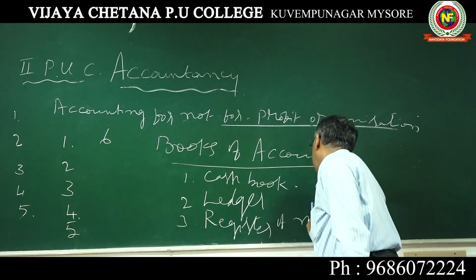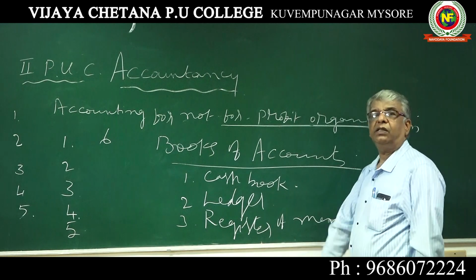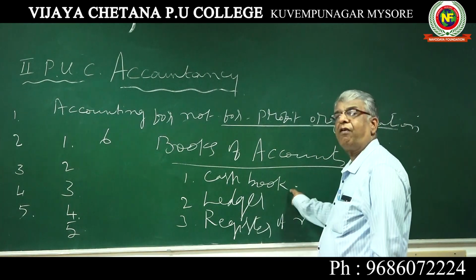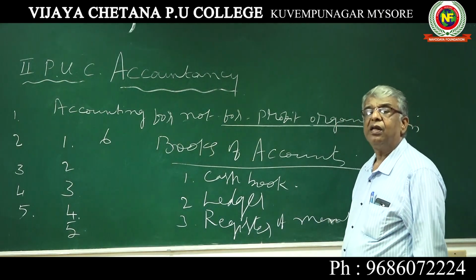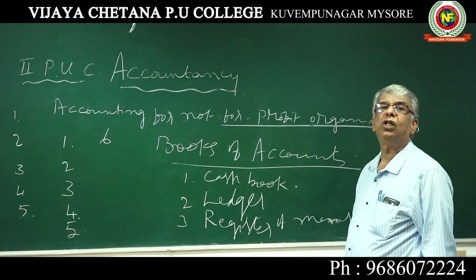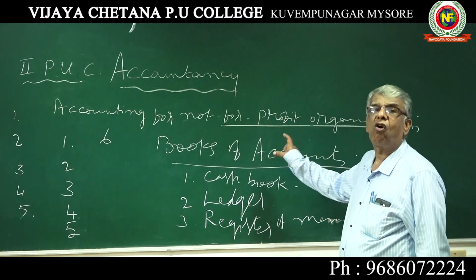This is another important book maintained by the not-for-profit organization. In this register of members book, they are going to record the name and address of all the members and the details regarding the members.